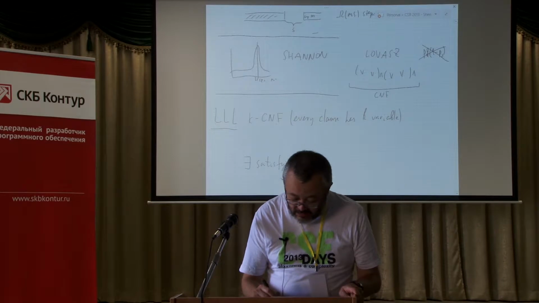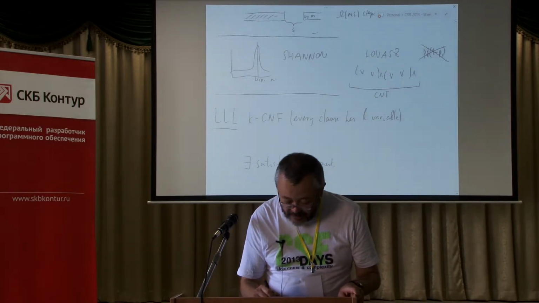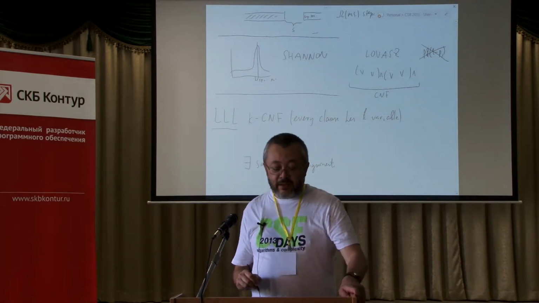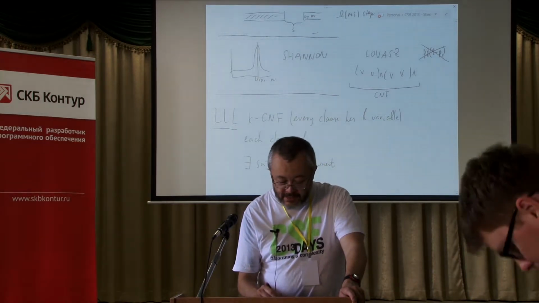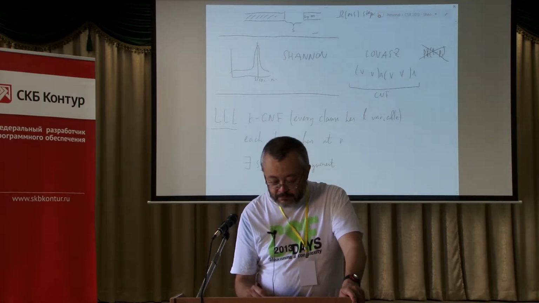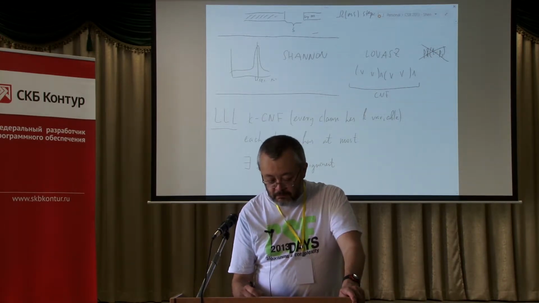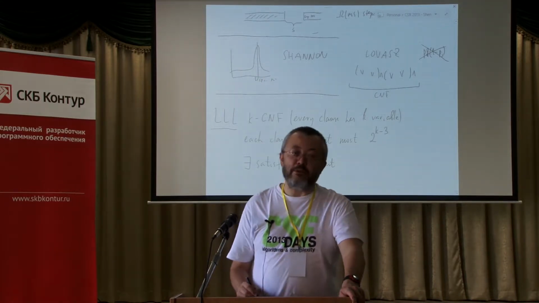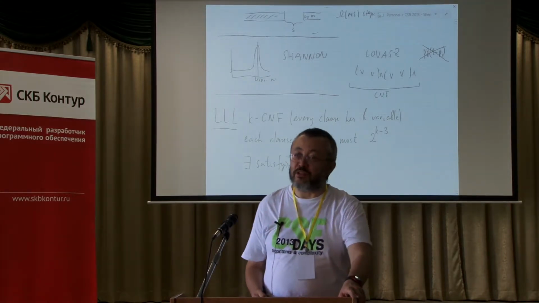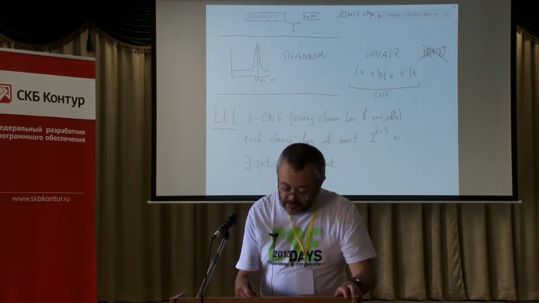But of course, we need some condition. And the condition is that each clause has at most c to the, I think, k minus 3, maybe there will be some other constant, we will see, neighbors.